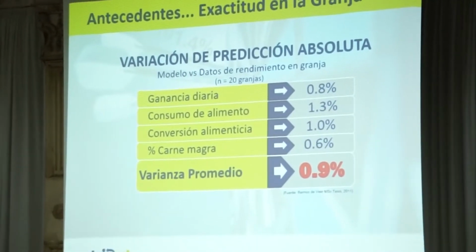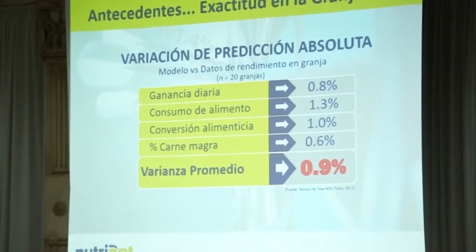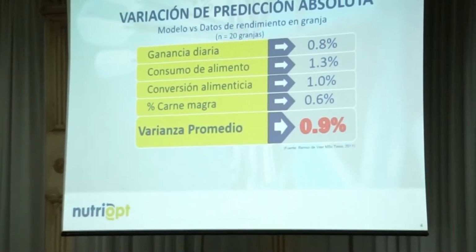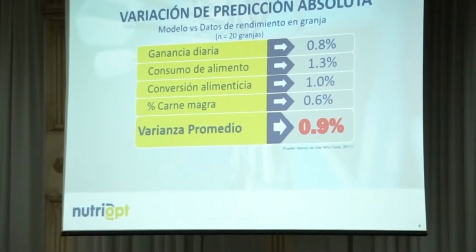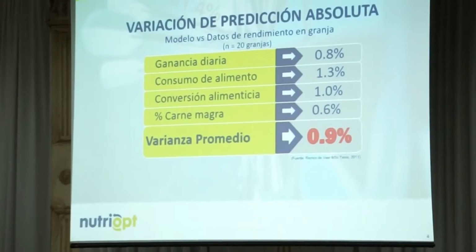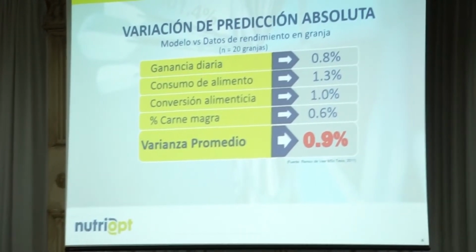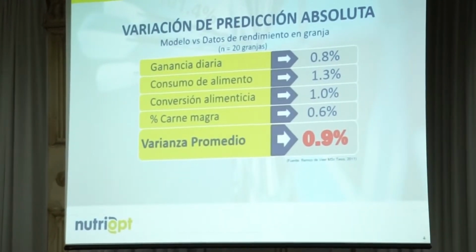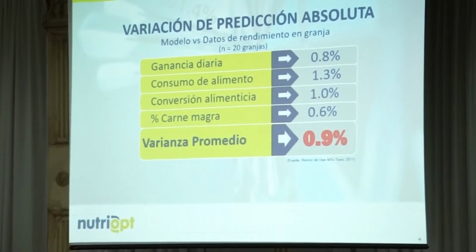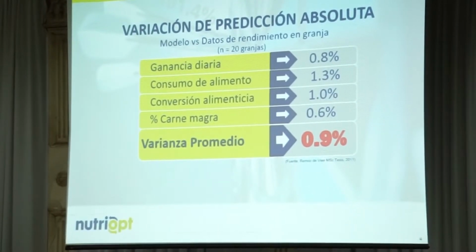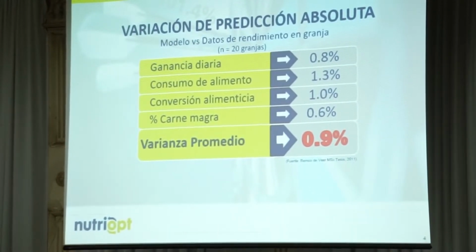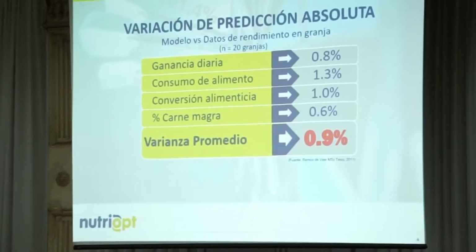So we have a saying in using these models: garbage in, garbage out. If you don't have good information going into the model, then you're not going to have good results coming out. But you can see that when you're using the right information with a knowledgeable and experienced user, you can reflect reality very, very closely.